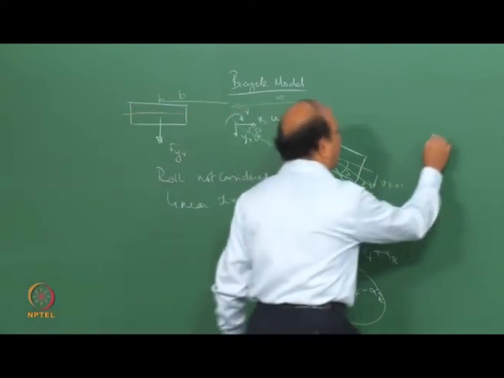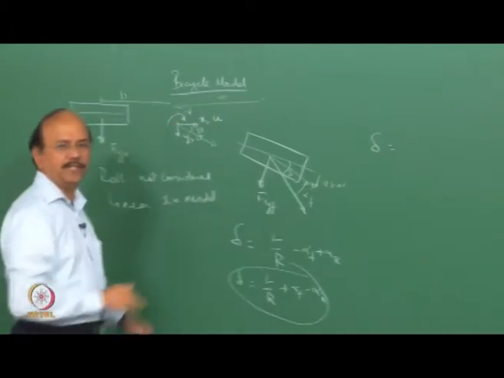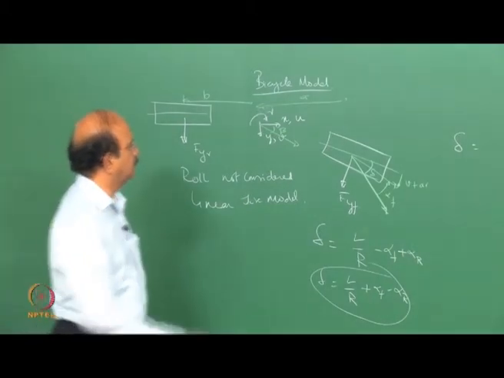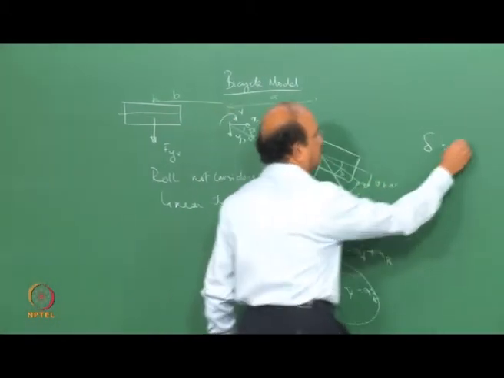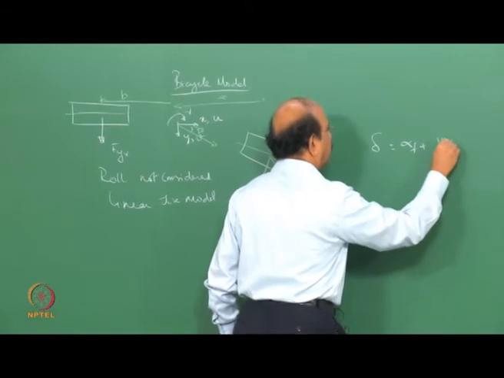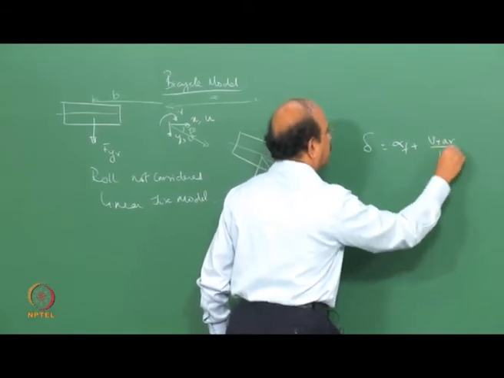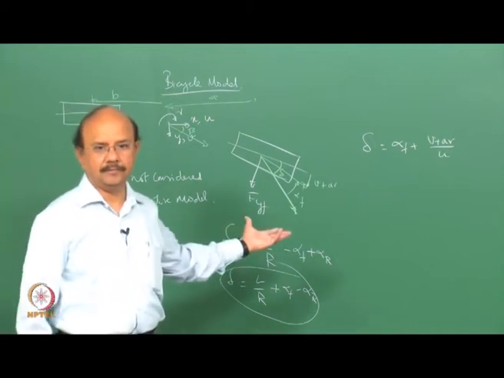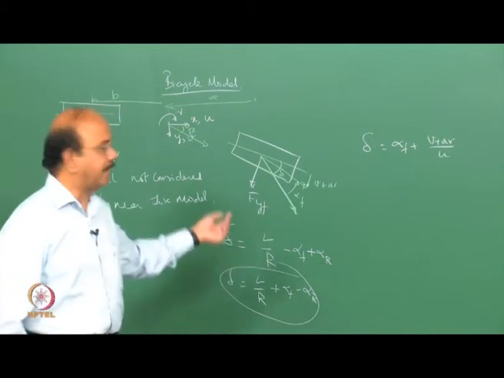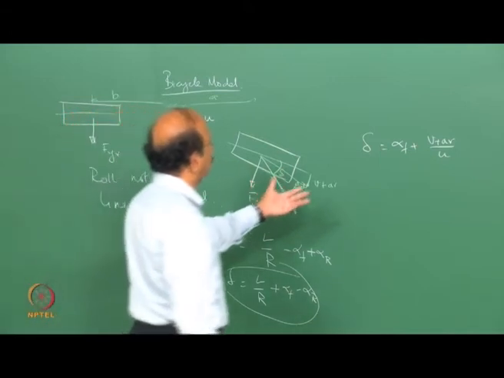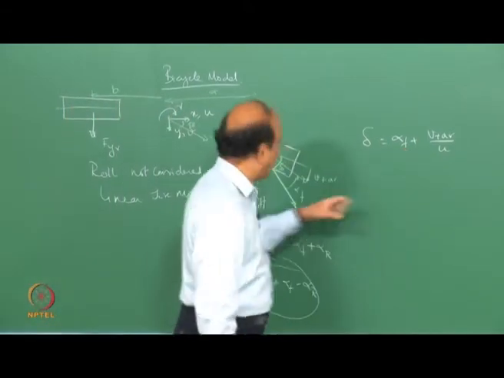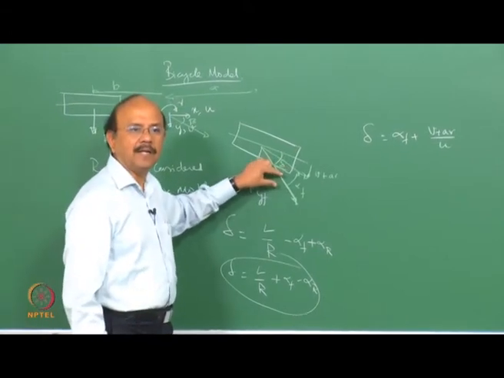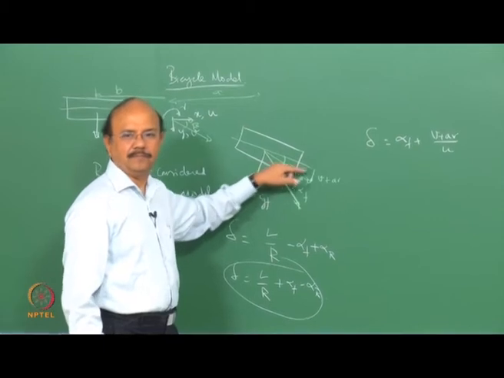We now can also write the variance of this as delta equal to alpha f plus V plus AR by U. I can write it like that. So now alpha f would become the actual value of this angle, and the sign is not included.